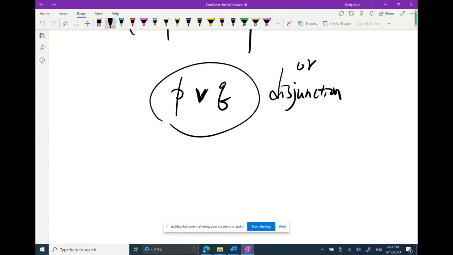How could we make the or statement to be true? In order for this disjunction to be true, at least one component being true is enough.